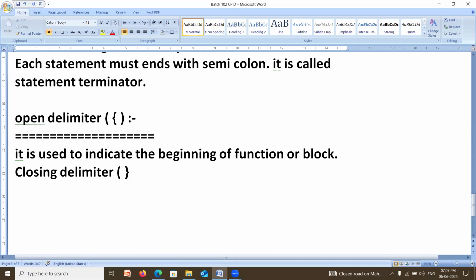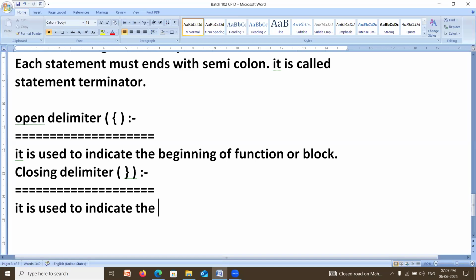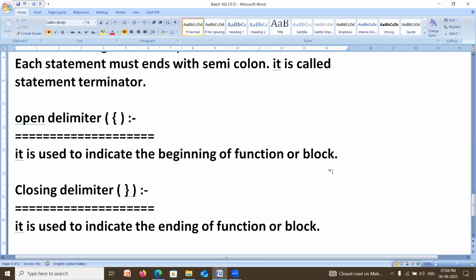The symbol is closing curly bracket. So what is the use of this one? It is used to indicate the ending of the function or block.